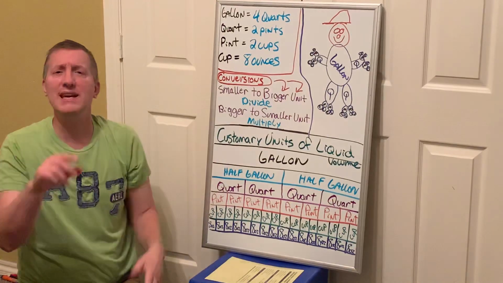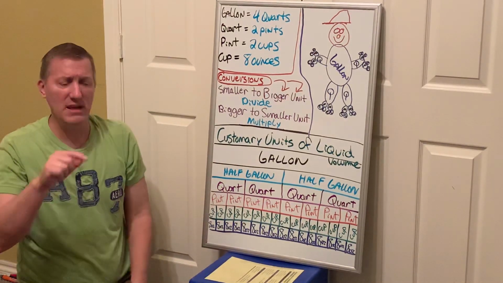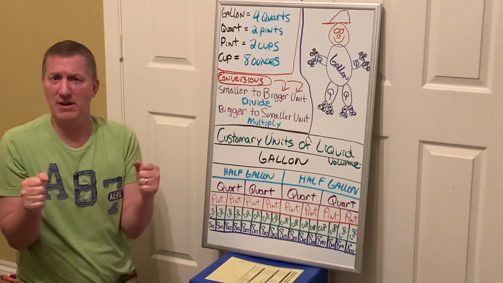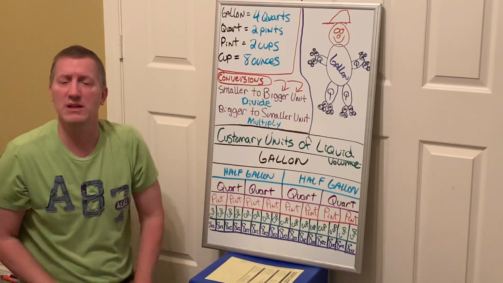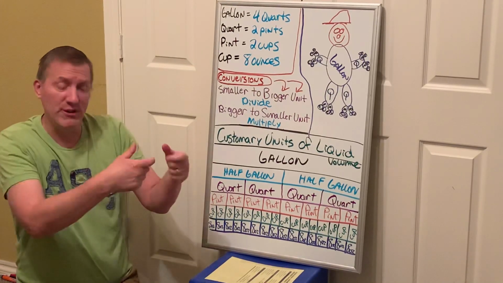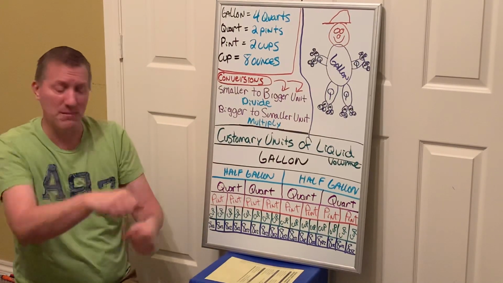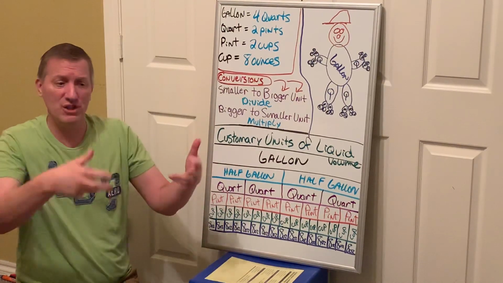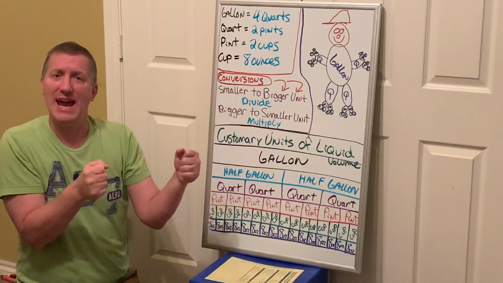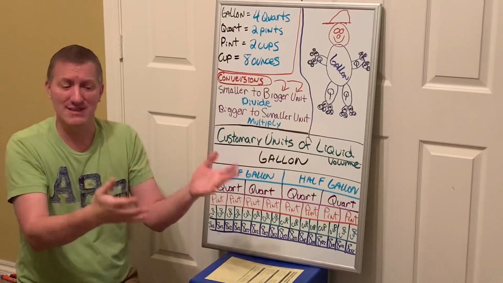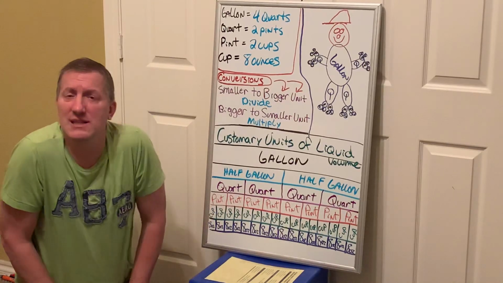Take a picture and maybe write a little explanation on a card or piece of paper, hold it up and tell me what you're doing. It could be baking cookies. If you're using cups and pints in baking cookies, you could show yourself baking and write on a piece of paper, using pints in baking my cookies.